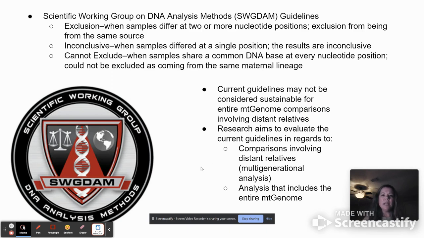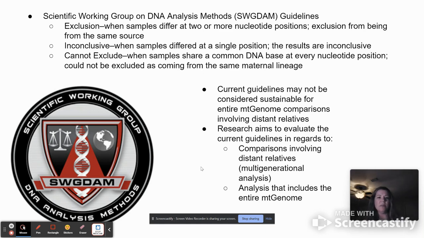Scientific Working Group on DNA Analysis Methods guidelines are set in place for forensic analysis of DNA. There are 3 guidelines that come back from lab samples. If a sample is given the term exclusion, it means the samples differ at 2 or more nucleotide positions, and they are excluded as being from the same source.